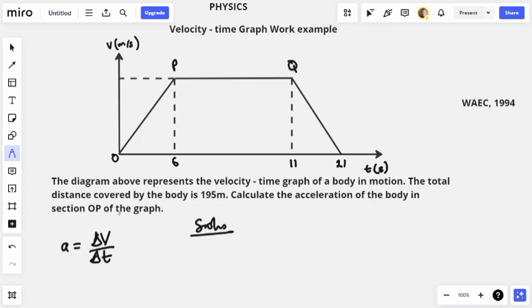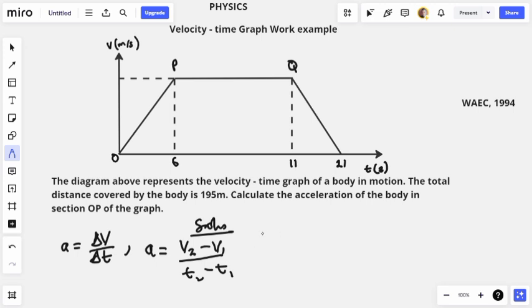Our vertical axis represents velocity, horizontal axis represents what? Time. So the acceleration of OP will be: A equals V2 minus V1 over T2 minus T1.